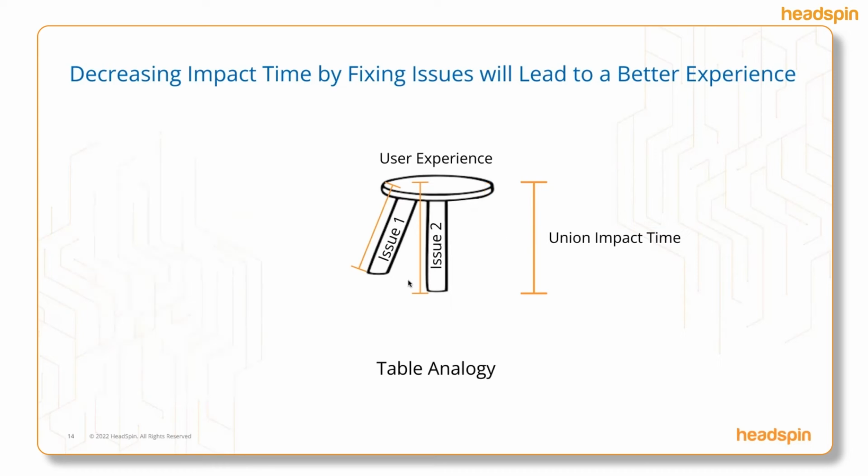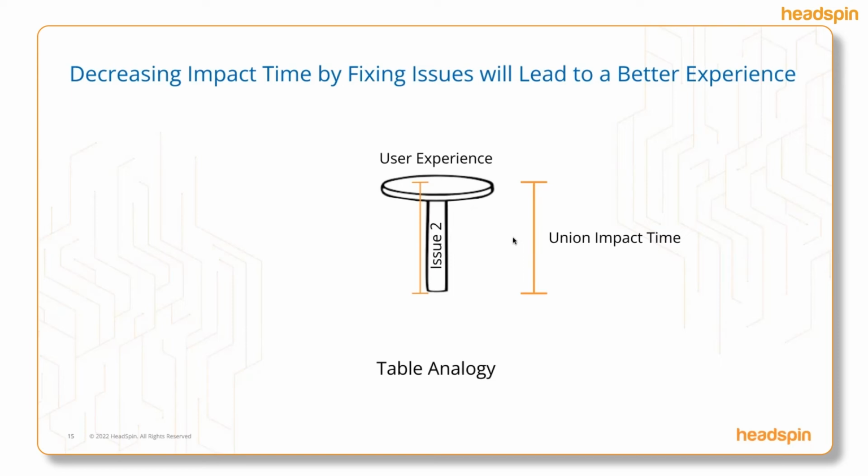So if you address one issue, let's say you completely resolve issue 3, the height of the table actually remains unchanged. Issue 2 is still upright and vertical, and basically contributing most of the impact time to the session. You can see, we still have issue 1, but maybe we address that, and you can see that the user experience here, it may not be substantially improved, or if we addressed issue 2 immediately, it might have been improved right away.